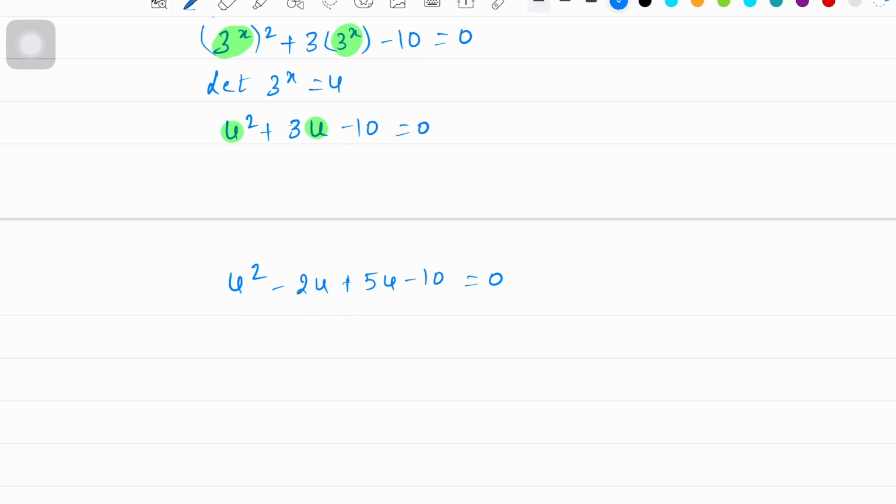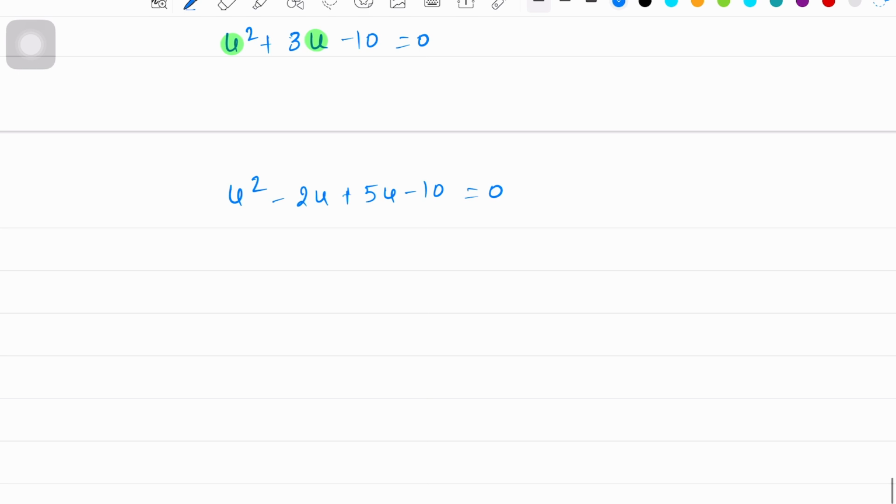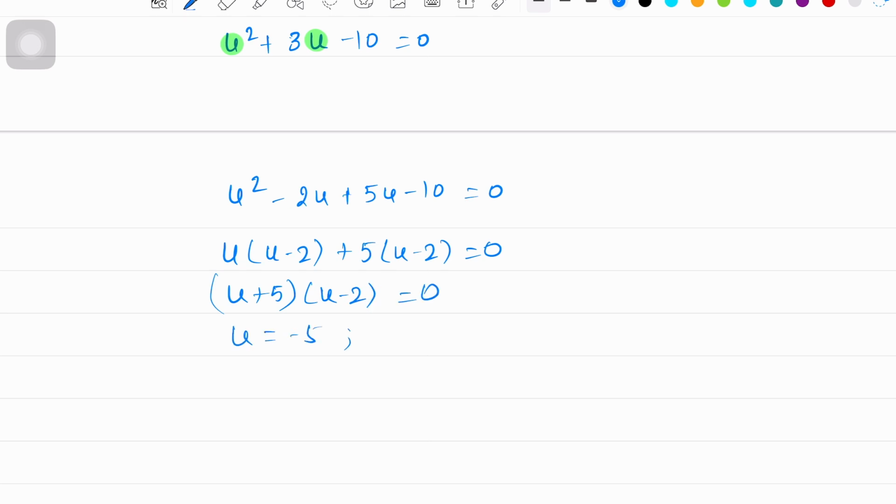So continuing this, we'll have u into u minus 2 plus 5 into u minus 2 equals 0, or u plus 5 times u minus 2 equals 0, or u equals negative 5 and u equals 2.